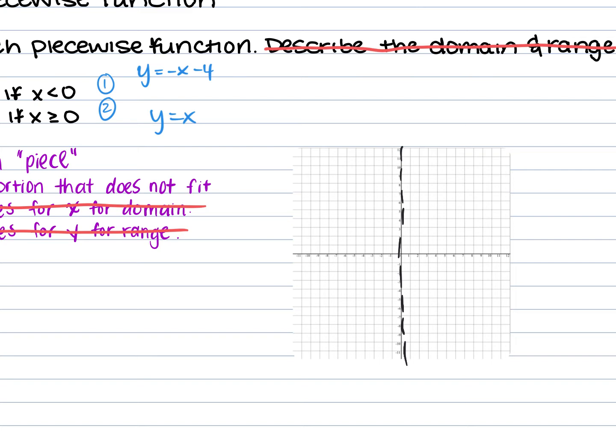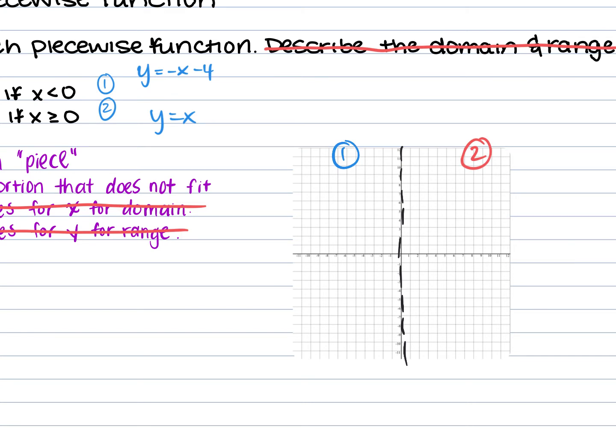Piece number 1 was when x was less than 0. Is that the left or the right? The left, because these x values are smaller than 0. That means that piece number 2 should be on the right.